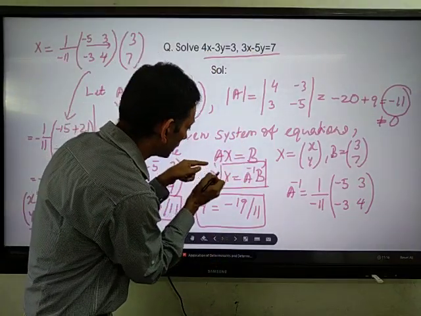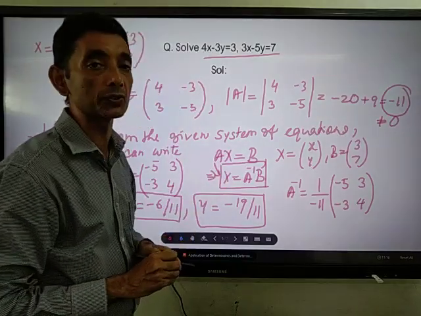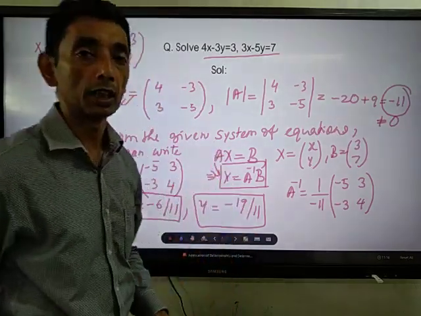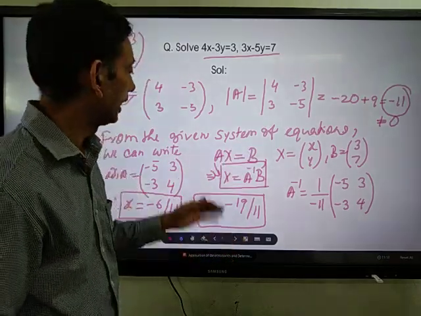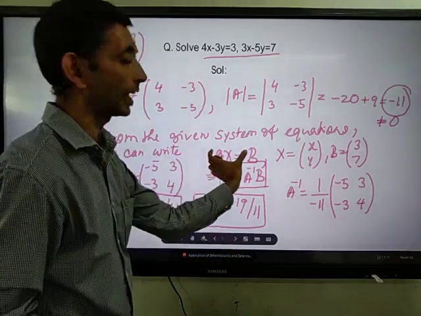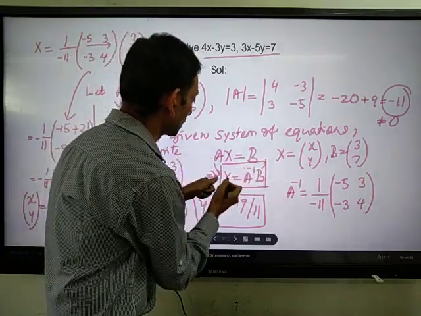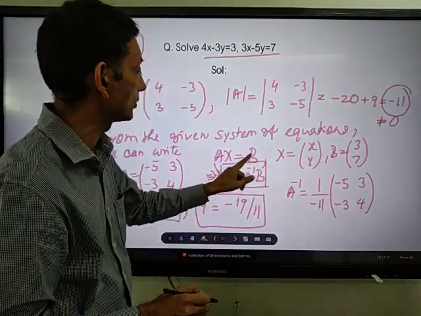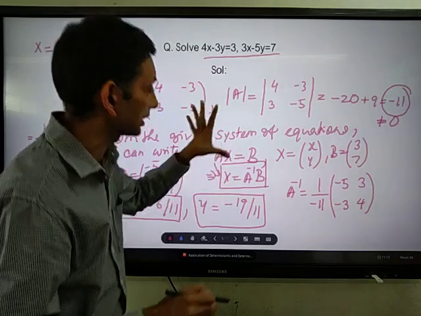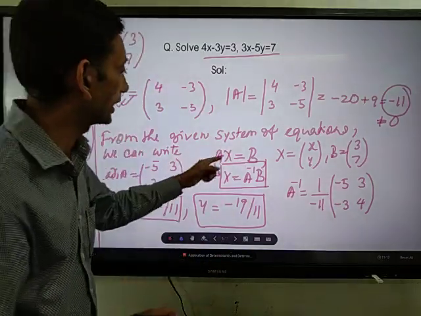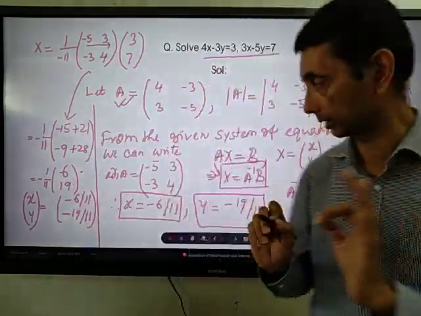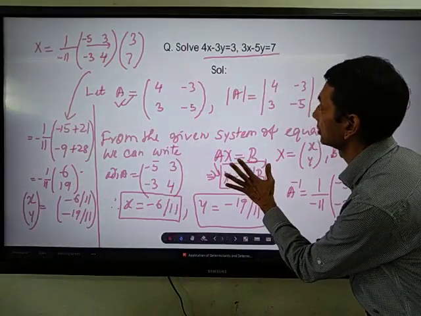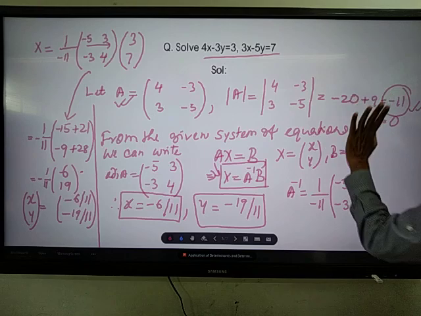And in this matrix form, you can write x is equal to A inverse B. The theory I explained some time ago is that if Ax is equal to B and A inverse exists, then with the application of A inverse, Ax is equal to B can be converted to the form x is equal to A inverse B. While solving this, you don't need to show those steps, that Ax is equal to B obviously implies x is equal to A inverse B. But remember one thing, before you write the steps, these are the steps to be shown. Okay.